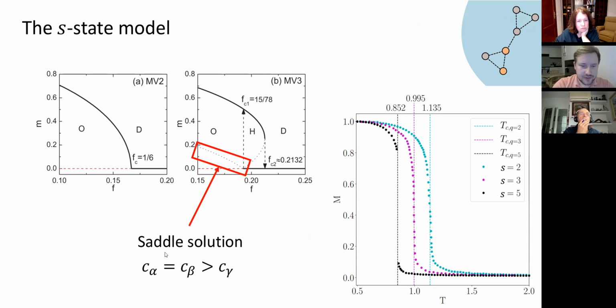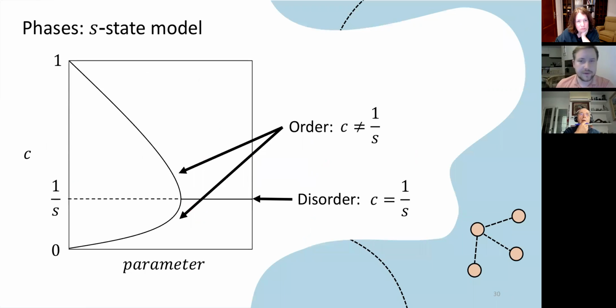And these solutions in which 2, 3, 4, 5 opinions are dominant and equal are basically the saddle solutions. So from the bigger picture, I see that the solution in which one opinion wins among the others is the attractive one. And we also prove that for the model of independence, and I will talk about it in a minute.